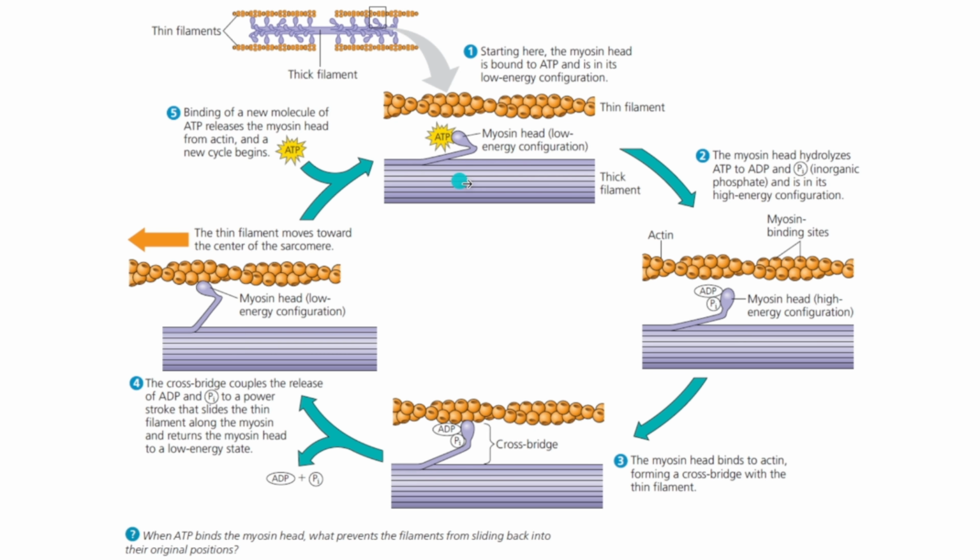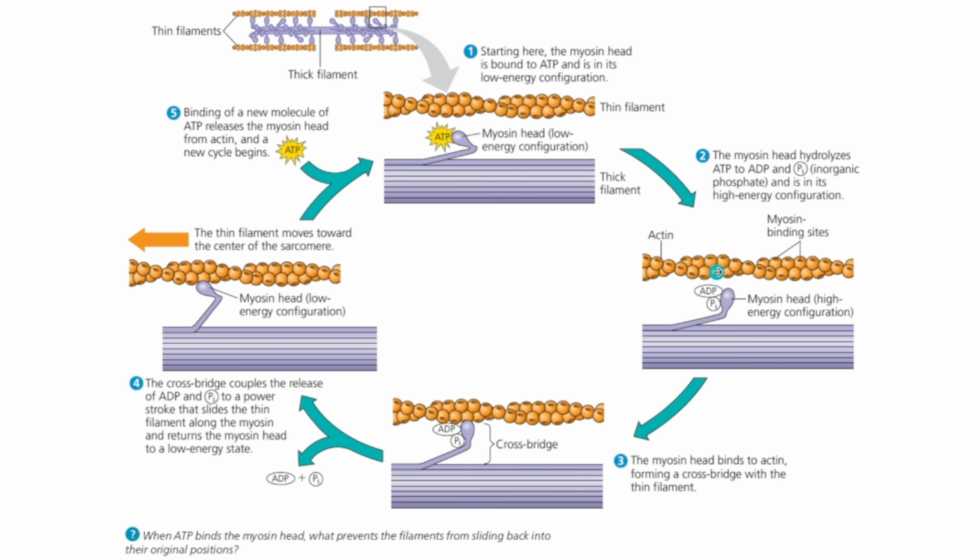Once it binds to the ATP, it starts to become the high energy configuration state, because the myosin head hydrolyzes the ATP to become ADP and phosphate. And at the same time, you have already exposed the myosin binding site.